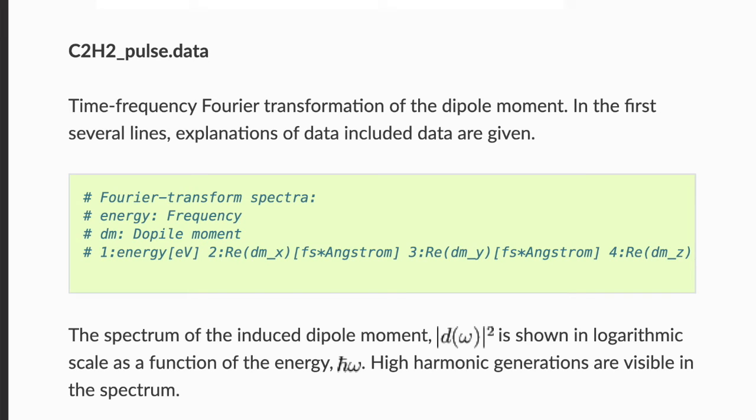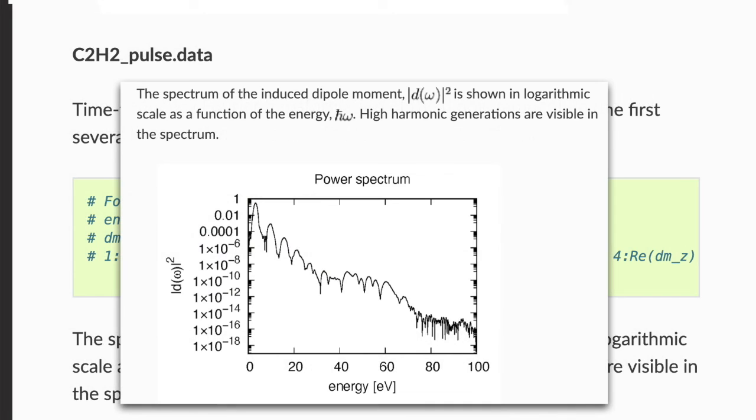Next, let us consider c2h2_pulse.data. This file contains information regarding the time and frequency after the Fourier transformation. This figure illustrates a plot of the quantity in the 10th column against the energy in the logarithmic scale.